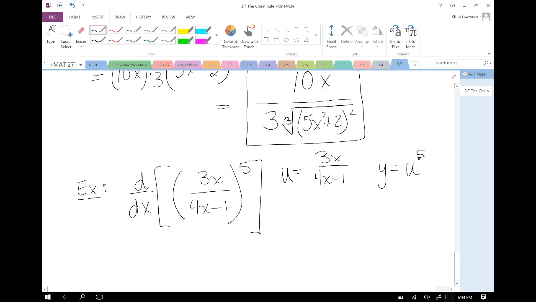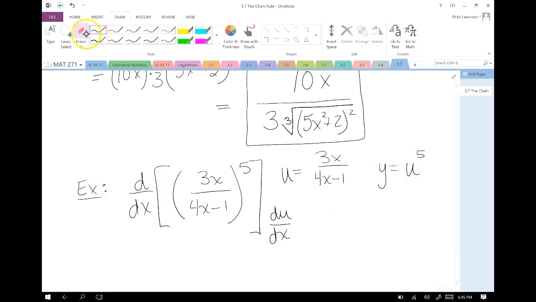So chain rule would take care of the entire thing. Now, just as an intermediate step, when I have to find du dx, in the process of finding that derivative, I'm going to have to do the quotient rule because my u is a quotient. Now that the 5th power is off of it, I have to do the quotient rule.